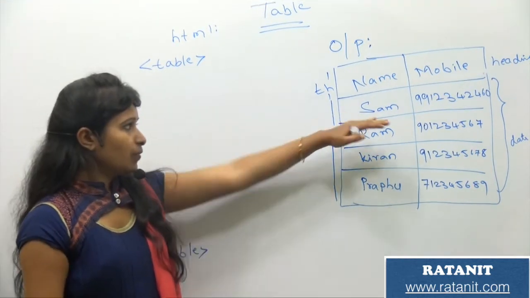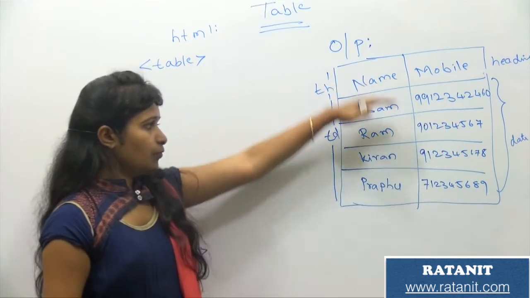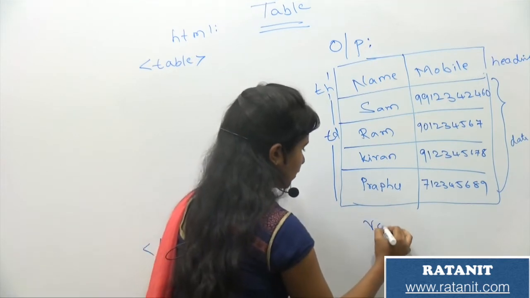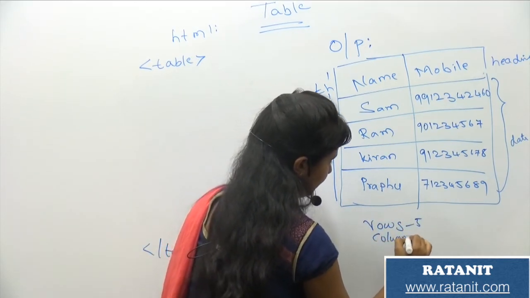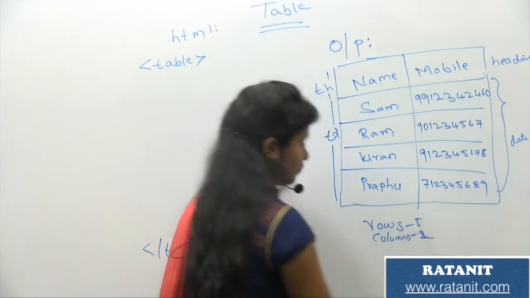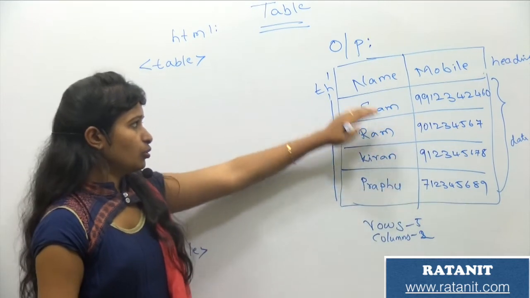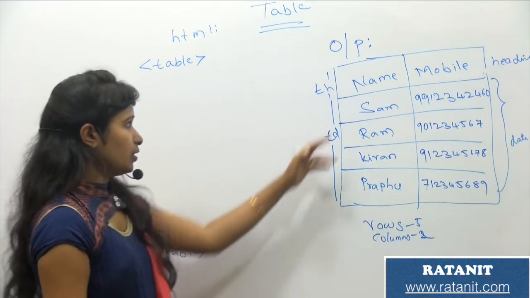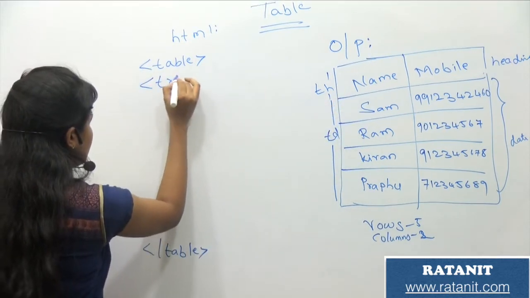You need to observe one more thing here. This is my row. How many rows are there? Five rows are there. How many columns are there? Two columns are there. So for each and every row I can write my code. In this table the first one is in the first row. This is my TR.